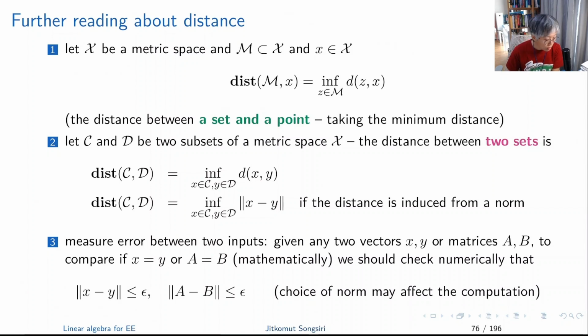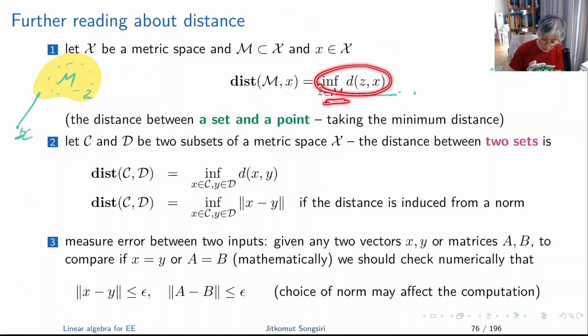There are a lot of interesting topics regarding distance. In applications, we already see a concept of distance between two points. We can also have the distance from a point x to a set, in this slide a set M. Let me use the same notation: it uses the concept of distance between z and x, but you pick the z that gives the minimum, or the infimum, distance.